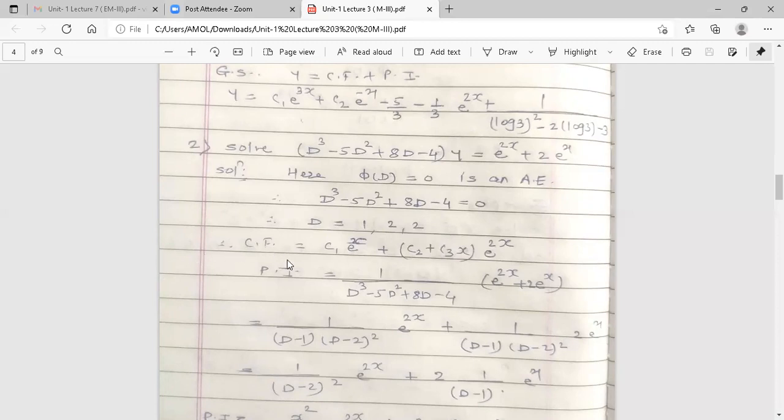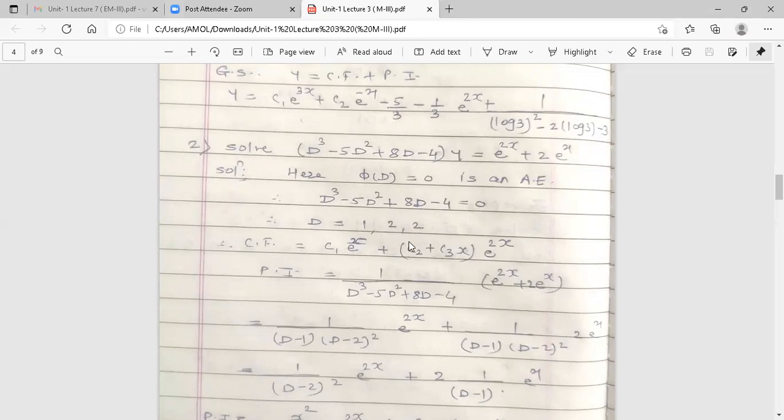And so for the complementary function, 2 roots are equal and the remaining one is distinct. They all are real numbers. So the complementary function is here c1 e raised to x plus (c2 plus c3 x) into e raised to 2x. The second and third terms are for the factor 2 because 2 is repeating 2 times.